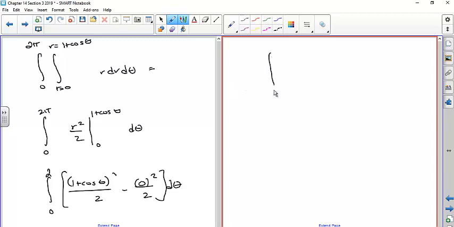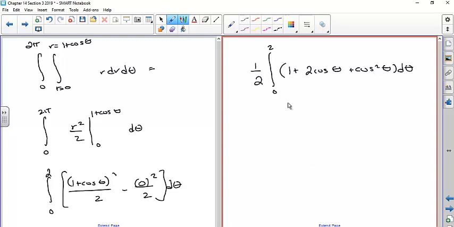So we get 0 to 2 pi. And if we square this, we'll get a fourth in the denominator, well, no, I get a 2 because the 2's not in the parentheses, so it's just 1/2. And we get 1 plus 2 cosine theta plus cosine squared theta times d theta.